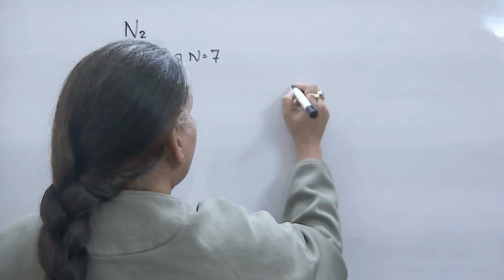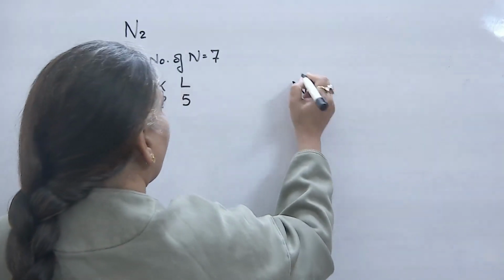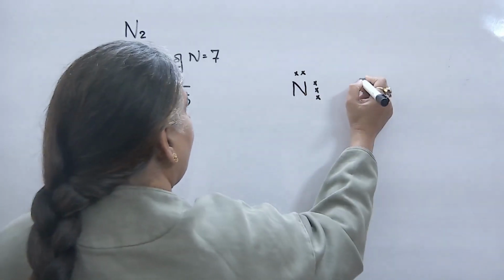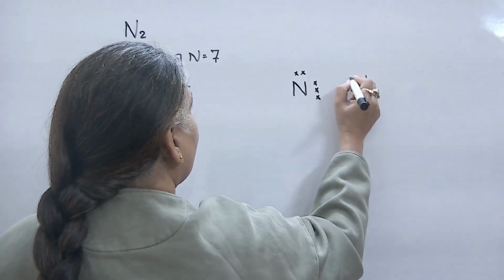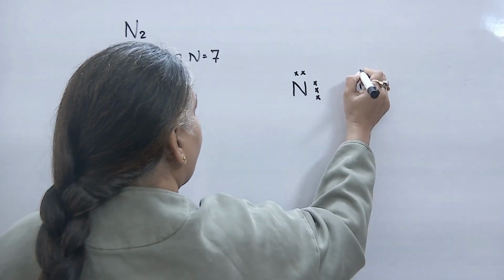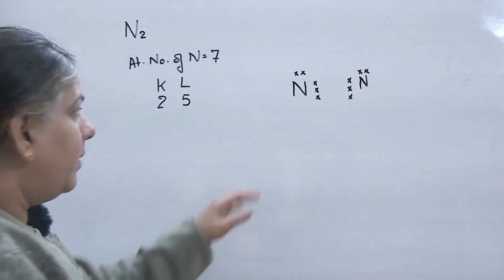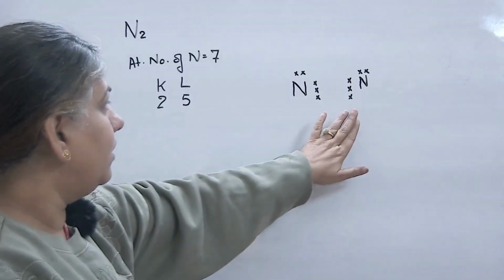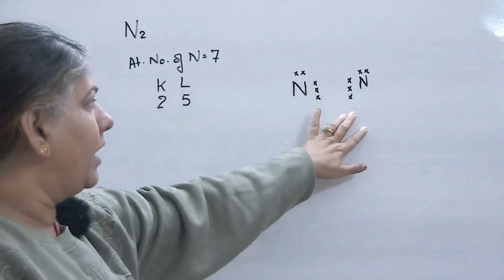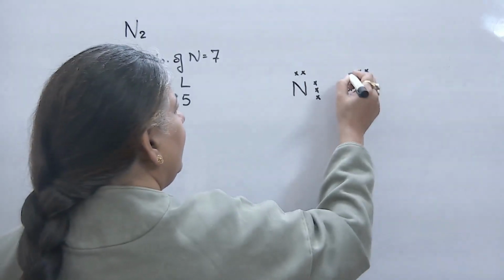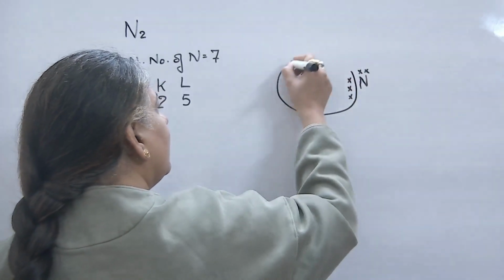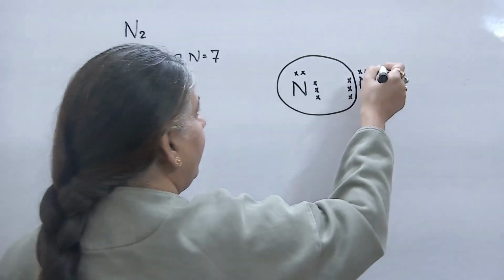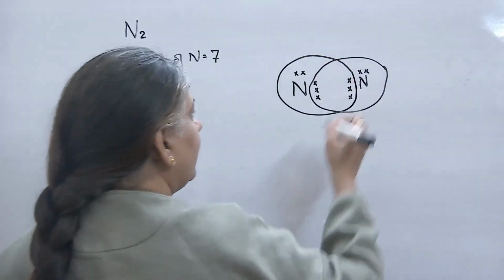Let's arrange it. The arrangement is like this because there are 5 electrons, so it needs 3 more electrons from another atom for sharing. So it will complete its octet: 5, 6, 7, 8.